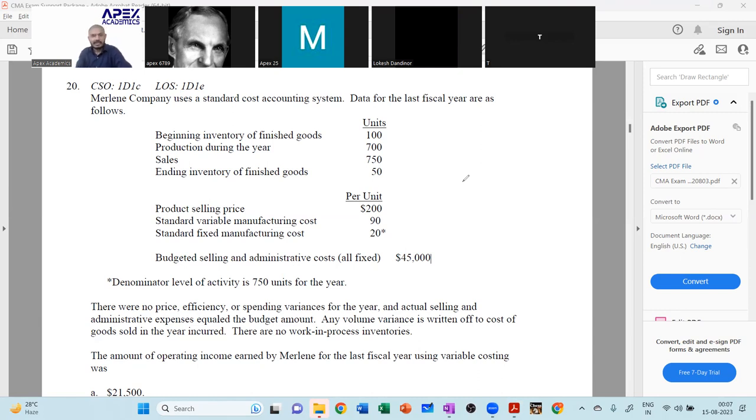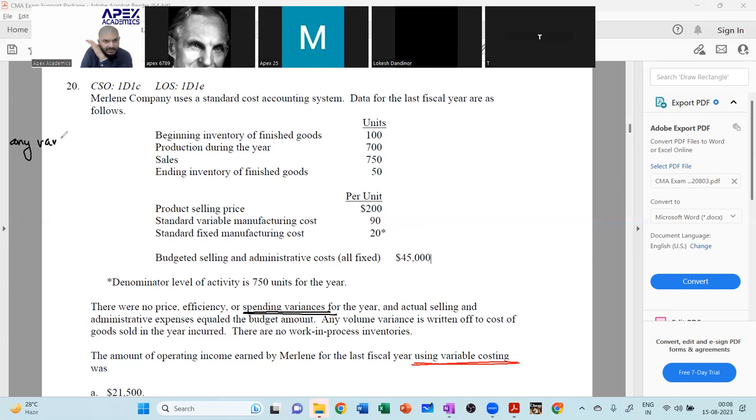So now please understand, we are looking at the amount of operating income using variable costing. If we are using variable costing, any spending variances, any underutilization or overutilization of fixed overheads will not impact the COGS. Please understand this.